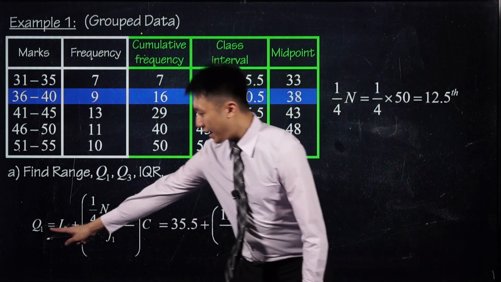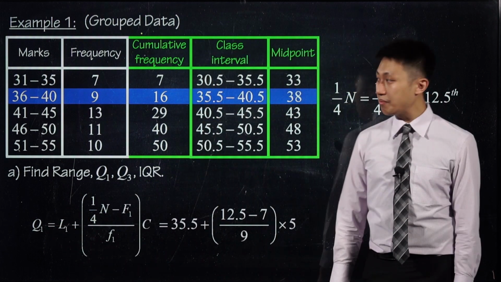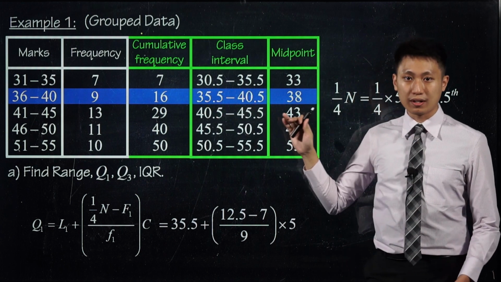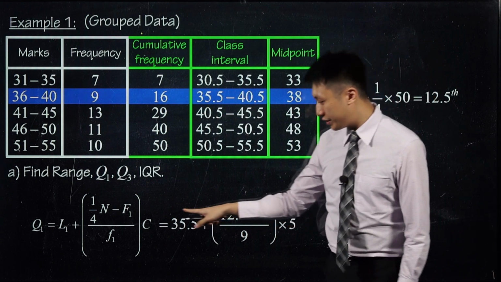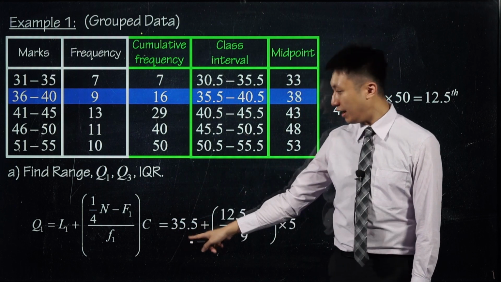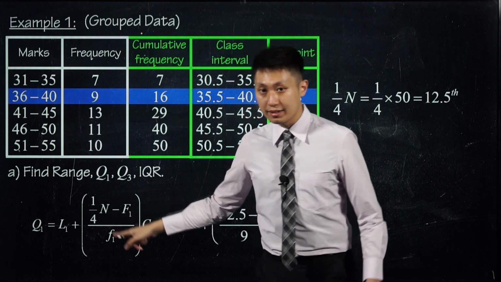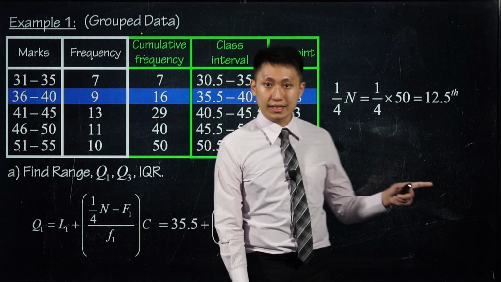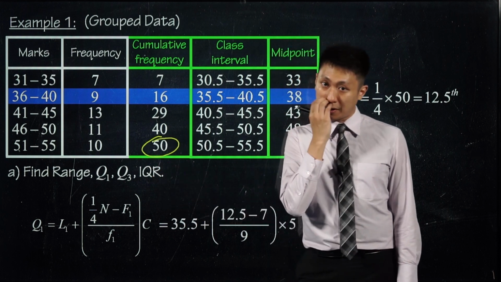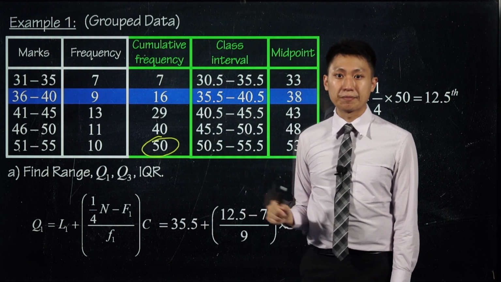What is L1? L1 means this class, and I want the lower class boundary, which is this one, 35.5. Then what's 1/4 n? This is the thing that you found just now. What's n? You look at the last one of the cumulative frequency.